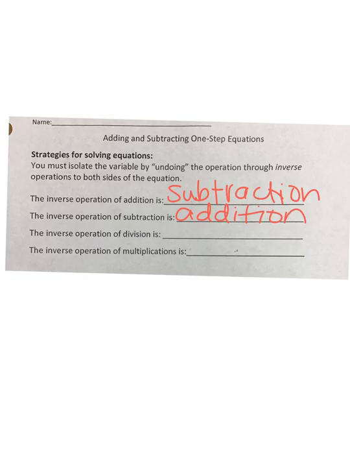The inverse operation of division is multiplication, and the inverse operation of multiplication is division. We're going to be using the inverse operation, like we said, to undo what has been done to our variable and therefore isolate the variable.